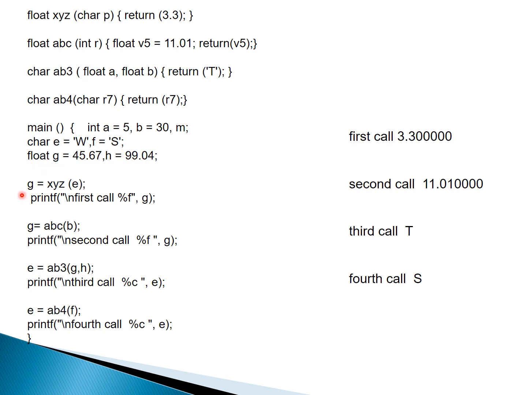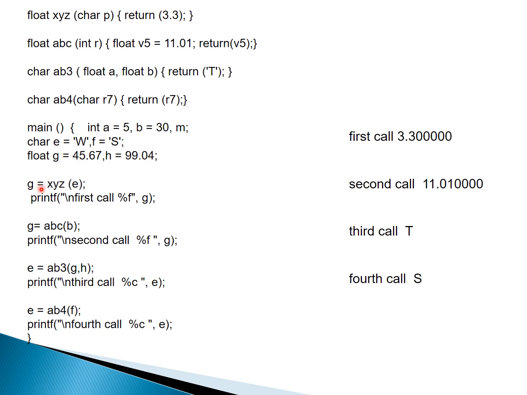So let's call xyz. When we call the xyz function, we have to receive its value on a float variable, because xyz sends back a float. So we have two float variables, g and h, and we can use either of them.